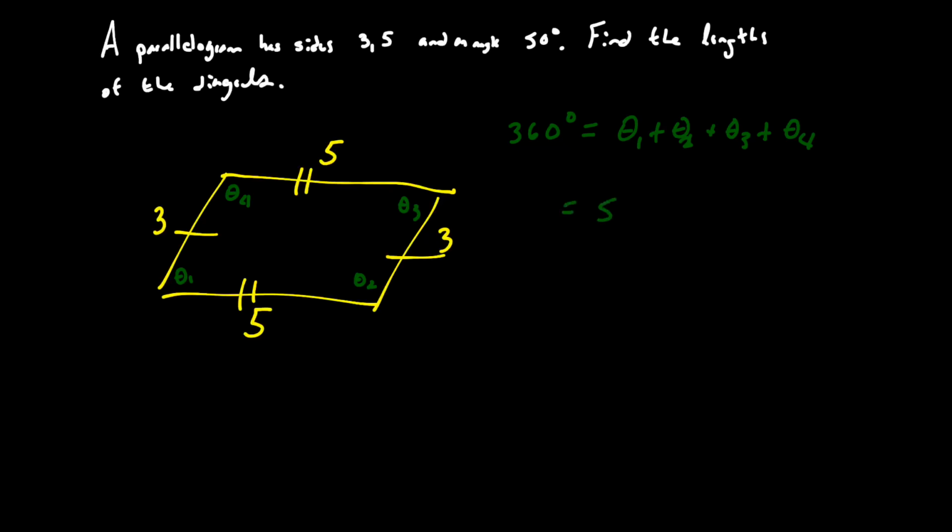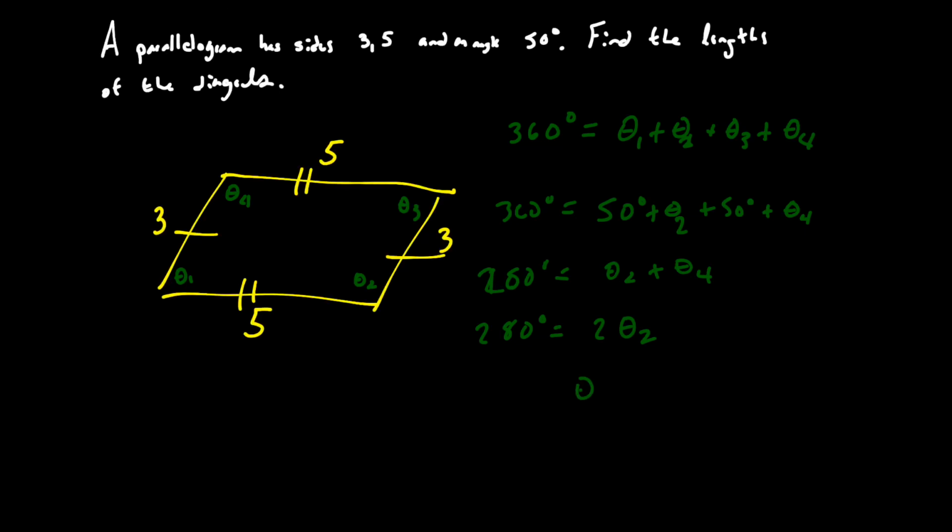These are both going to be 50 degrees, which means we can simplify this down to 260 degrees is equal to theta 2 plus theta 4. And again, for our sides of our parallelogram to be parallel, theta 2 has to be equal to theta 4, which means 260 degrees is going to be equal to 2 times theta 2. Theta 2 is equal to 130 degrees.